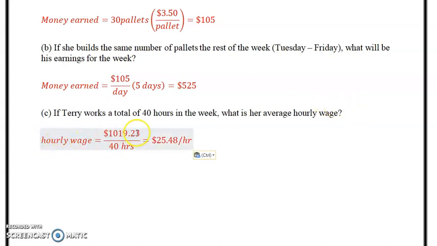So the hourly wage on average would be $525 divided by 40 hours for a total of $13.13. It's 2.5, so we round up to a 3. And that is the average hourly wage.